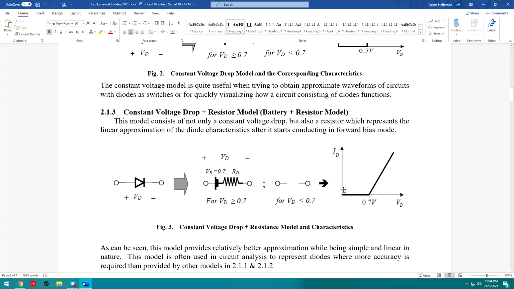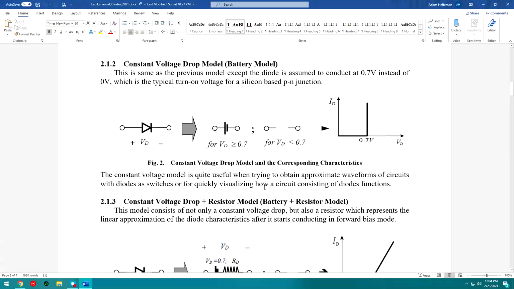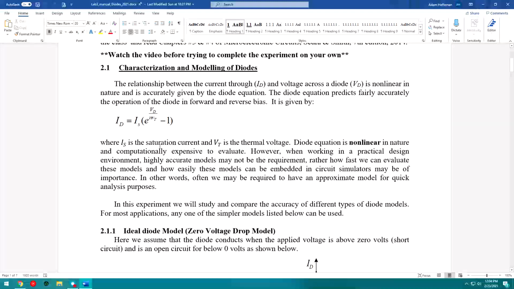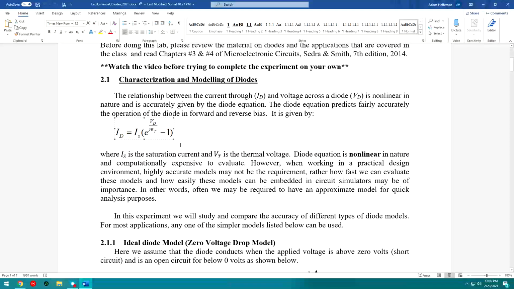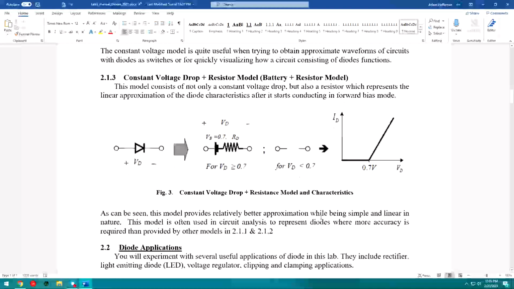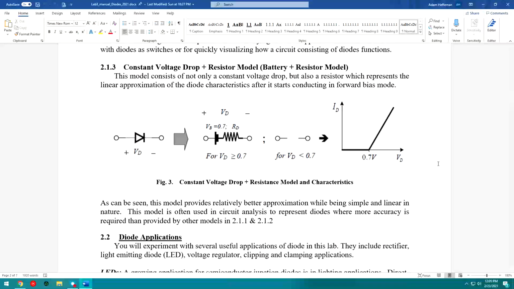Realistically, in a real world scenario, we have something a little more linear like this. And in truthfulness, the ideal characteristic for a diode is actually an exponential function. So it looks a little different than this, but we'll be seeing the differences between the linear model and the exponential model in our simulations.